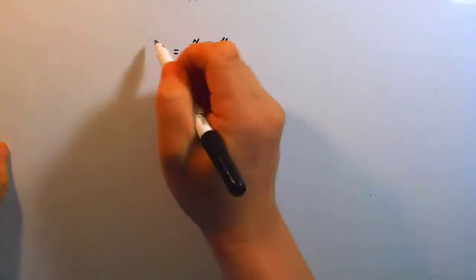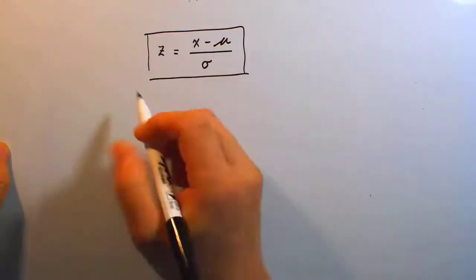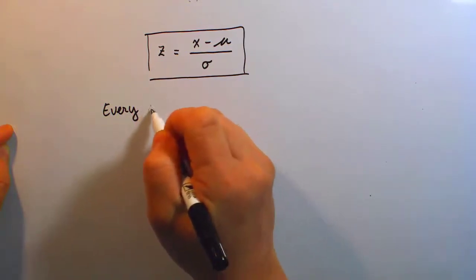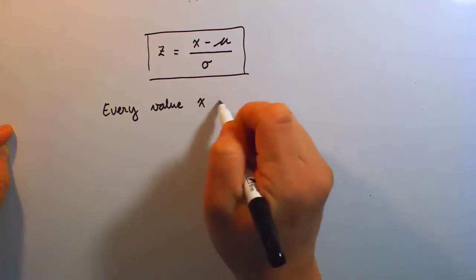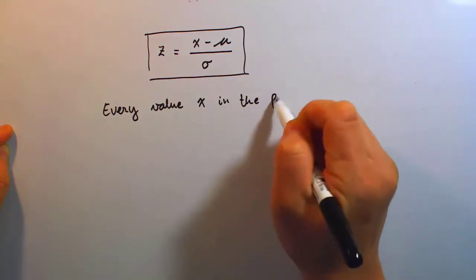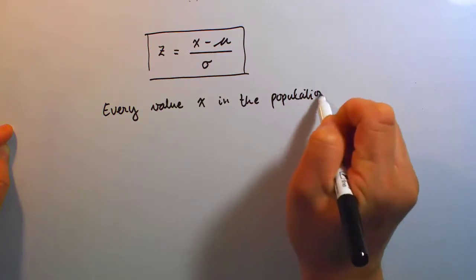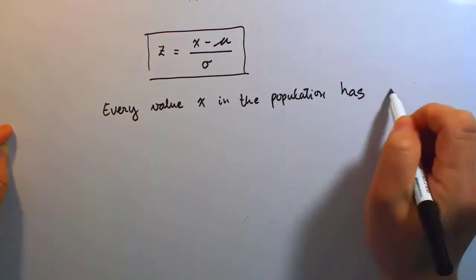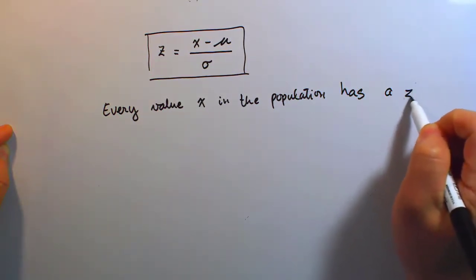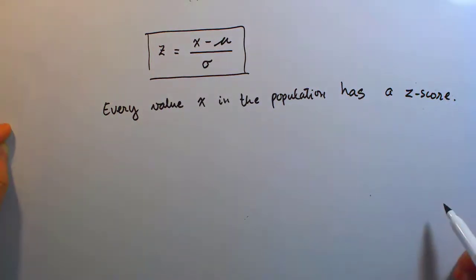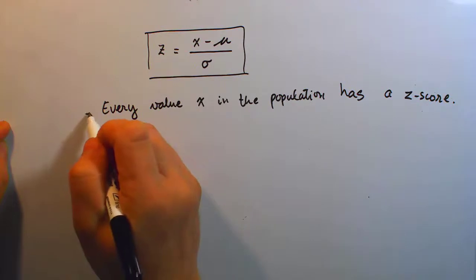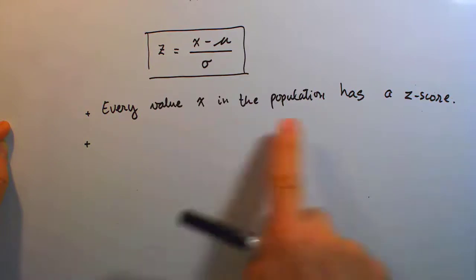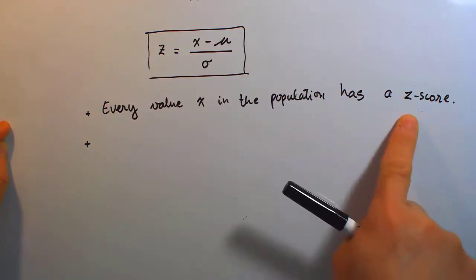And so the impact of this formula now is that, thinking as a larger, bigger impact here, then every value x in the population has a z score. And so a further impact is that every value x in any population has a z score.